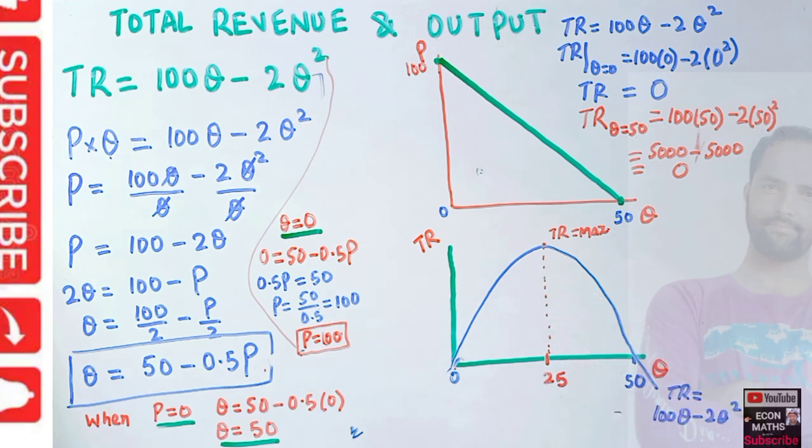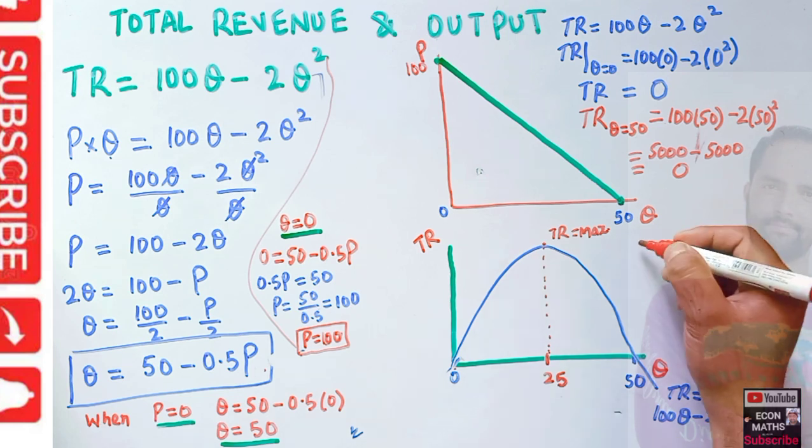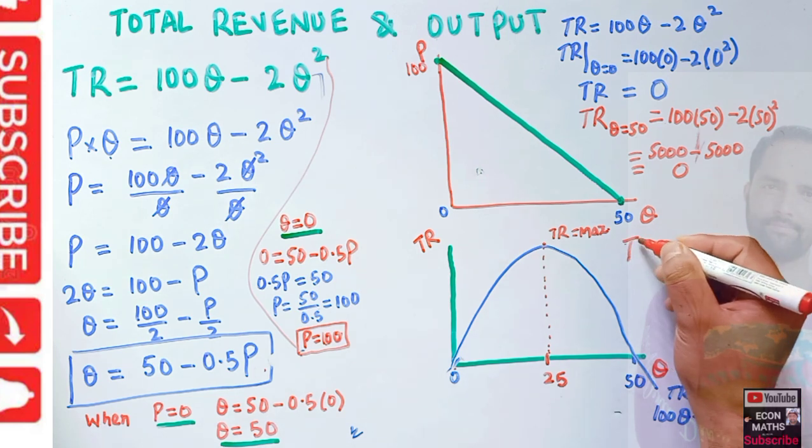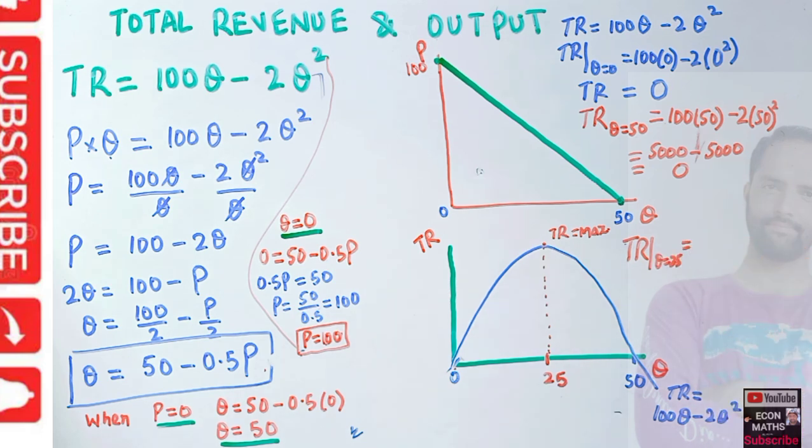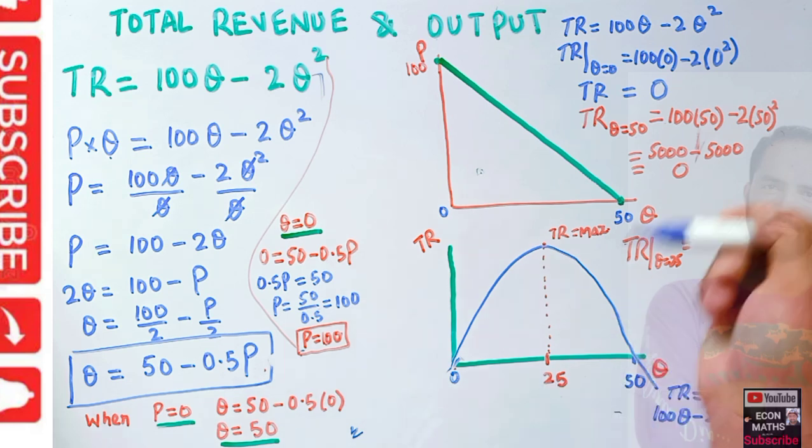And what will be the total revenue corresponding to this when output is 25? It is as simple. Total revenue when q is equal to 25, just plug it into the total revenue function.